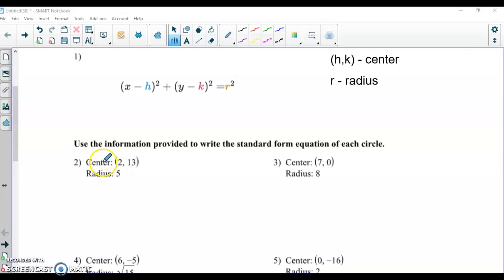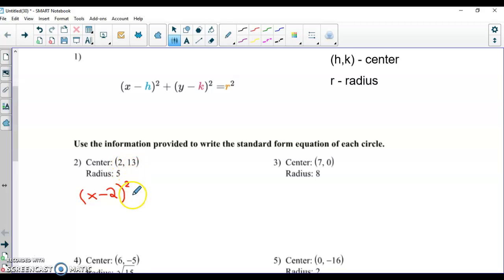So the first one we have here says the center is 2, 13, and the radius is 5. So here's what we're going to do. We're going to make parentheses, and we always have an x here. Now your x value of your center is 2, so this is going to be a minus 2, and you'll notice this is squared.